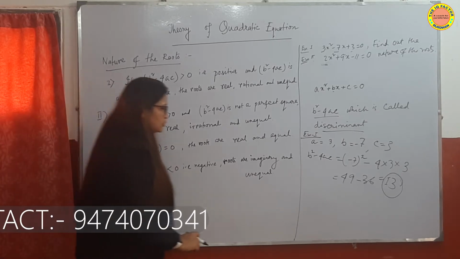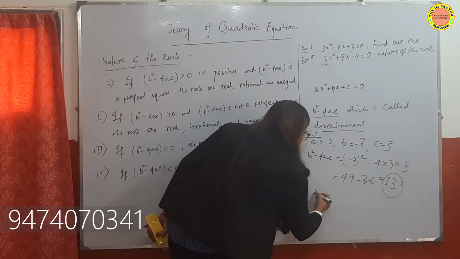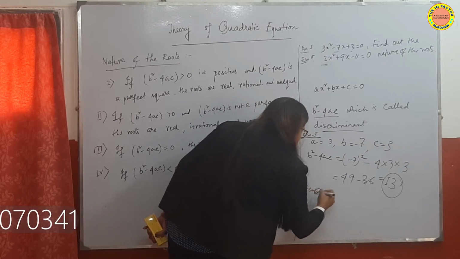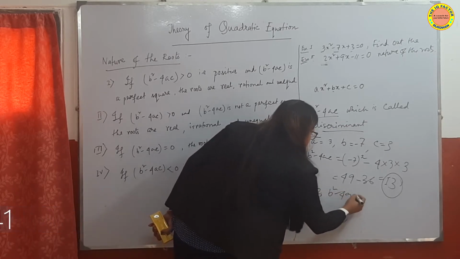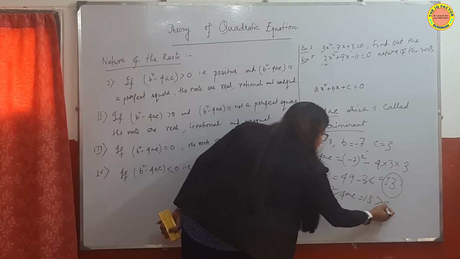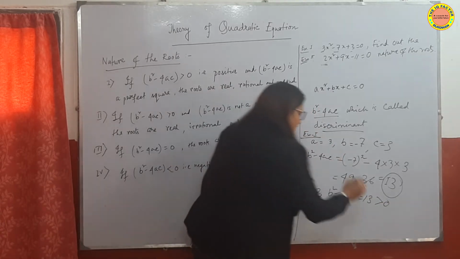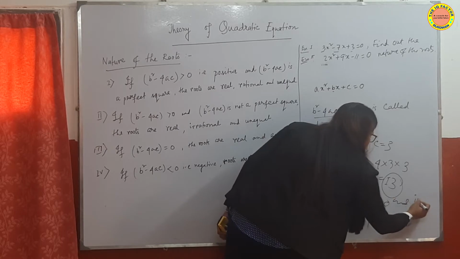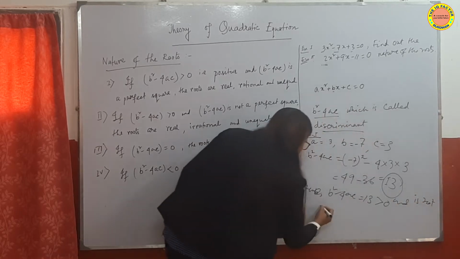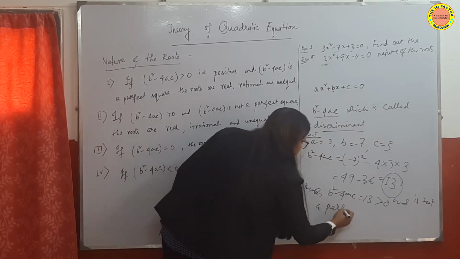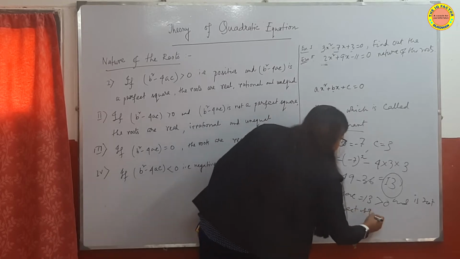So here we will write b square minus 4ac is equal to 13, which is greater than 0, positive, and is not a perfect square.